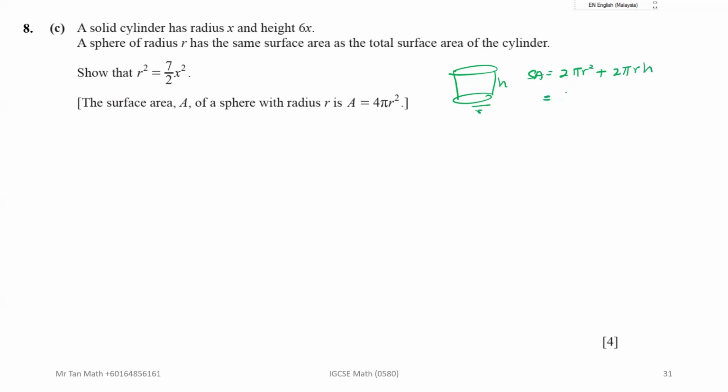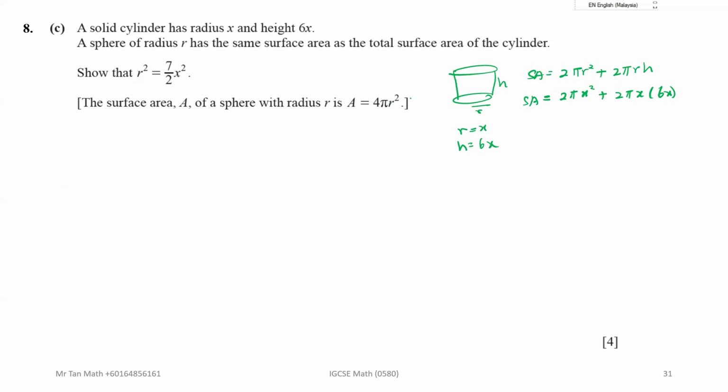So that equal to 2 pi, the r is x, plus 2 pi, r is x, the h is 6x. So we have the surface area of the cylinder.